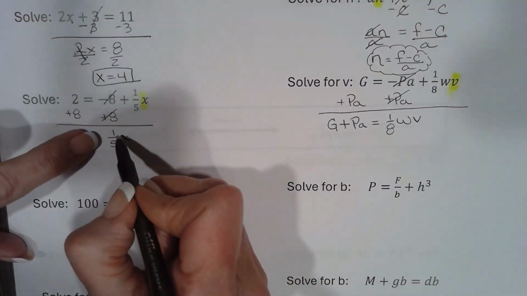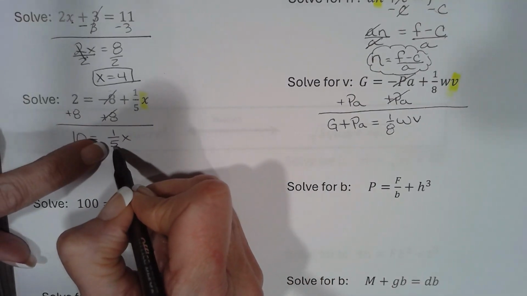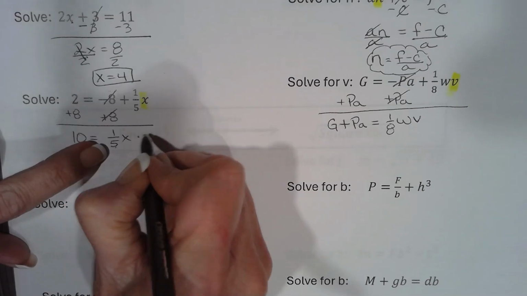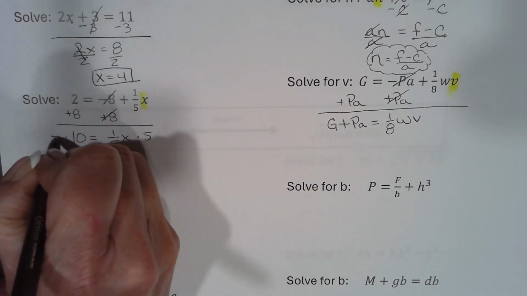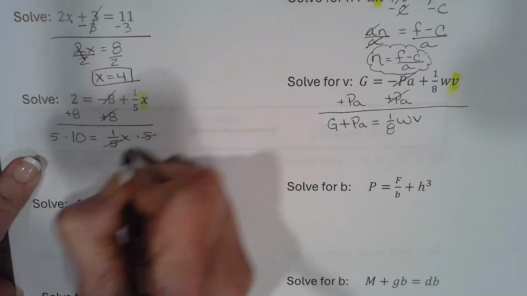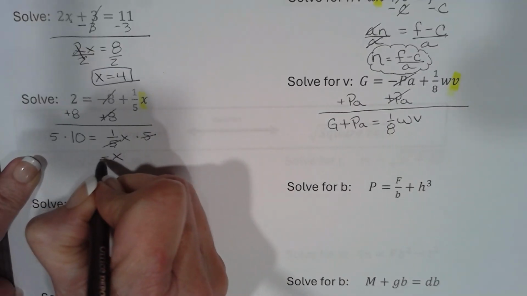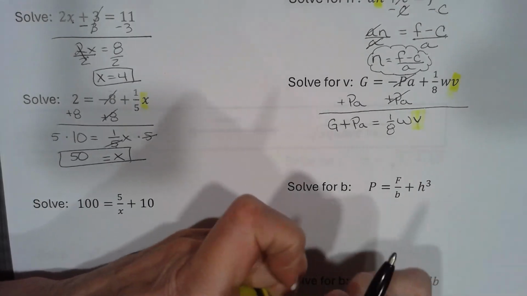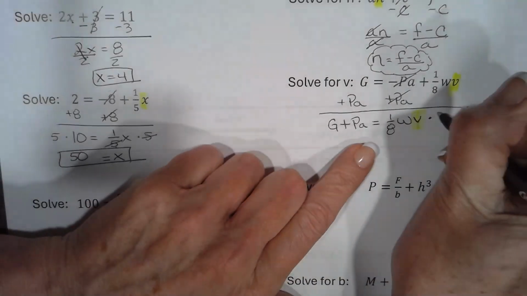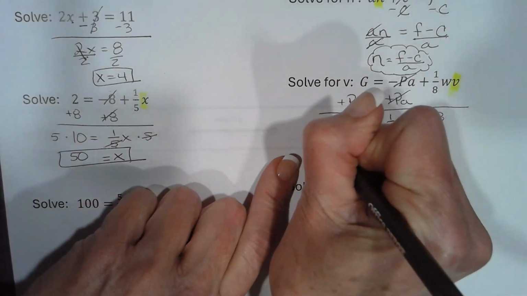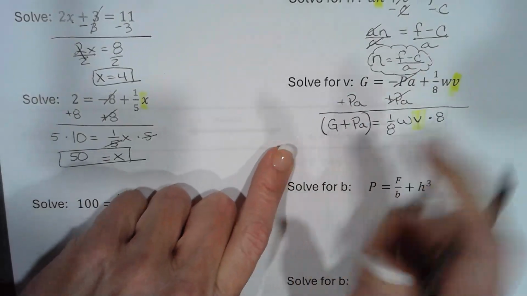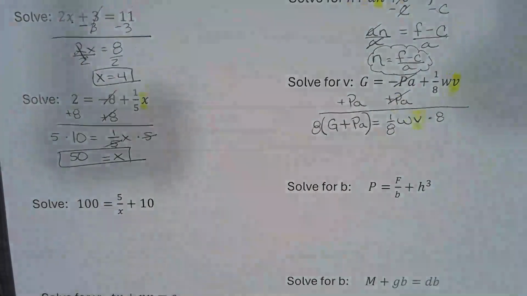So over here, the 5 is divided. So I'm going to multiply both sides by 5. And I'm left with 1x or x. And then when I multiply, I get 50. And for v, I'm going to have to take 2 steps here. I'm going to multiply both sides by 8. And since there's 2 terms here, I'm going to have to use a parenthesis.